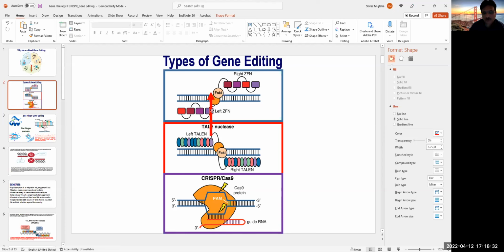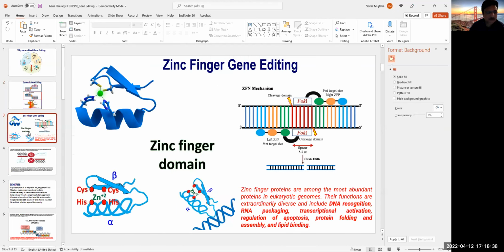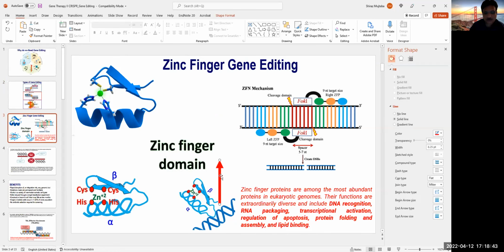So I'll just briefly talk about zinc finger and TALEN and then go into CRISPR. So zinc finger is just a protein domain, mainly alpha helix and beta sheet. And then this binds to a zinc atom. So this is a metal binding protein, right?